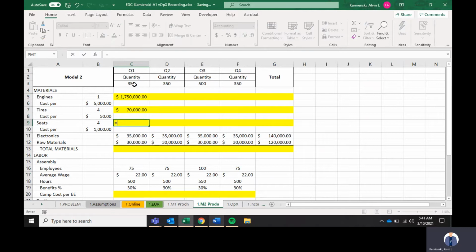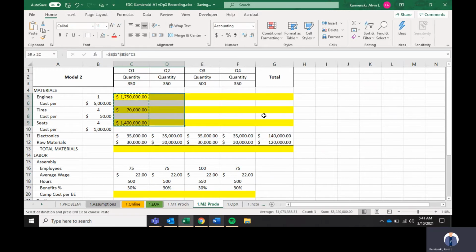Last in this, I have seats at 4, doesn't change, multiplied by my cost, doesn't change, multiplied by then the 350 quantity, which will change. And now that I have these all set up, I should be able to copy and paste them over.